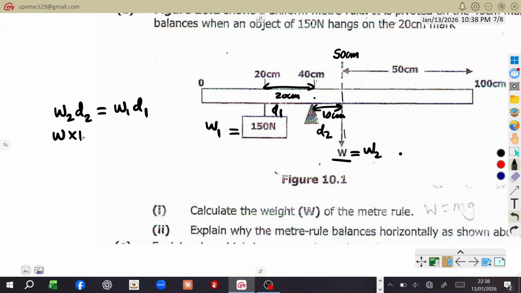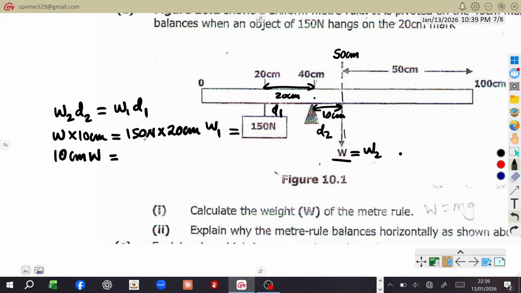We said 10 centimeters. Then W1, it's 150 Newton times D1 there, 20 centimeters. Then W times 10 centimeters.